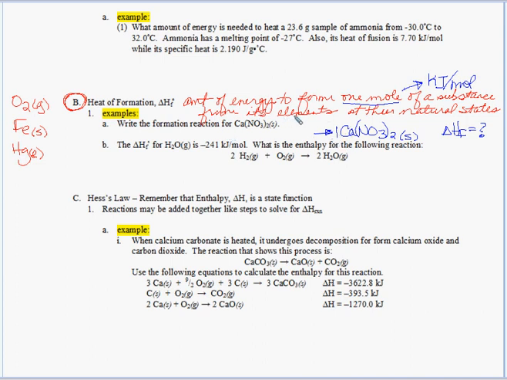And we're going to form it from its elements. So individual elements we have here would be calcium, nitrogen, and oxygen. And we want those elements to be at their natural states. So calcium is monoatomic as a solid, nitrogen is diatomic as a gas, and oxygen is also diatomic as a gas.